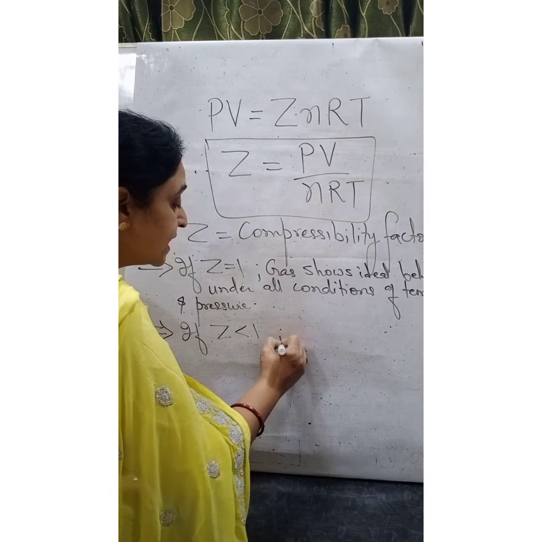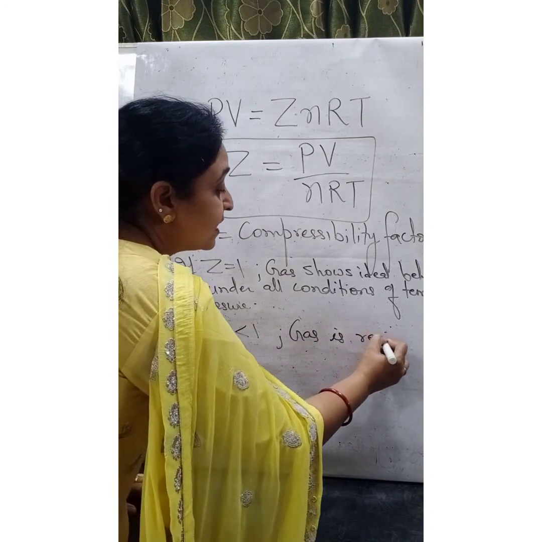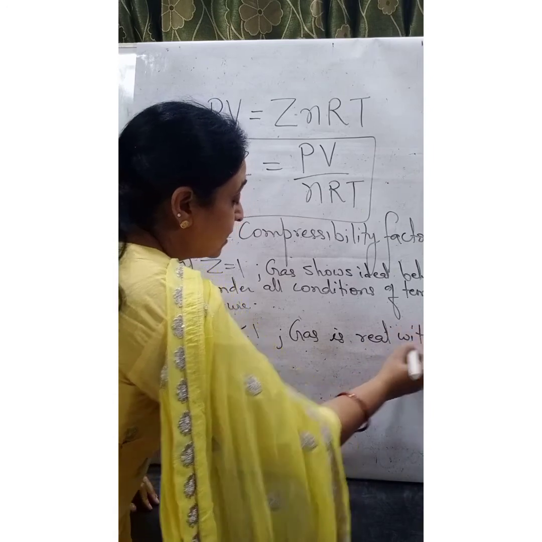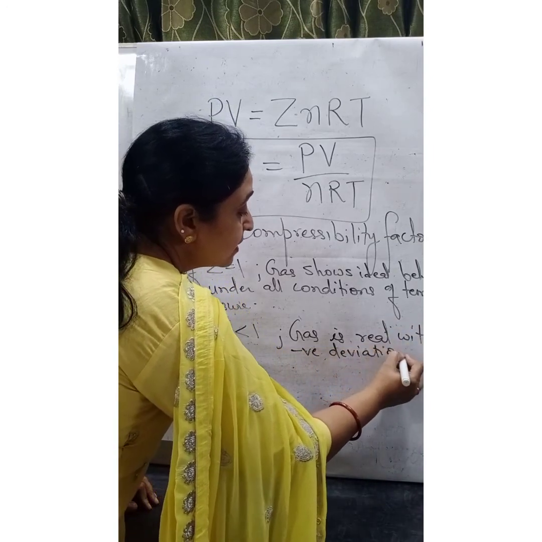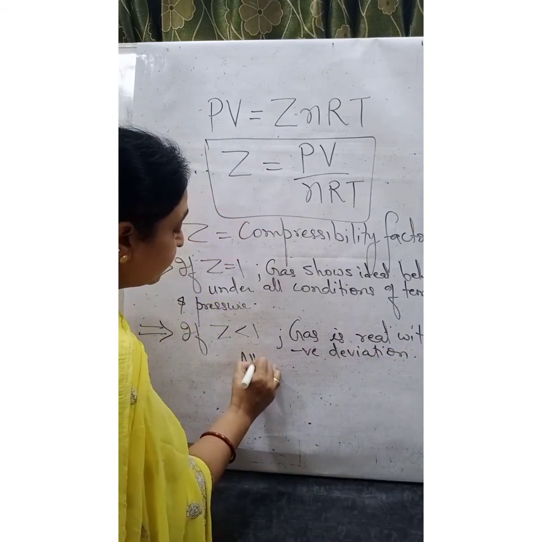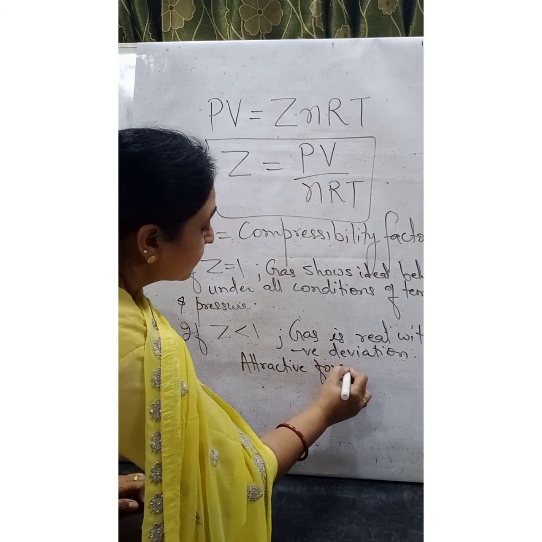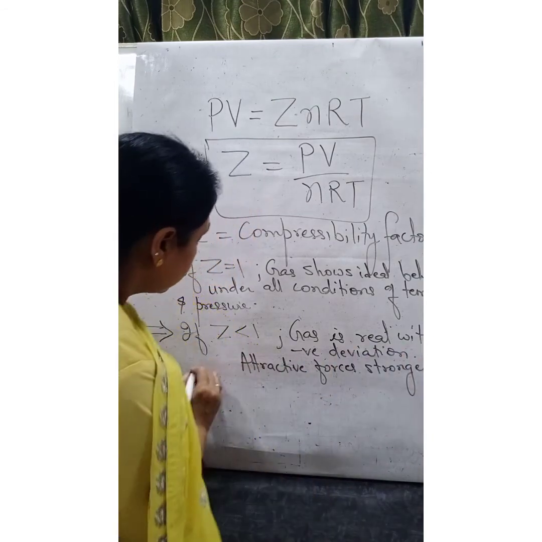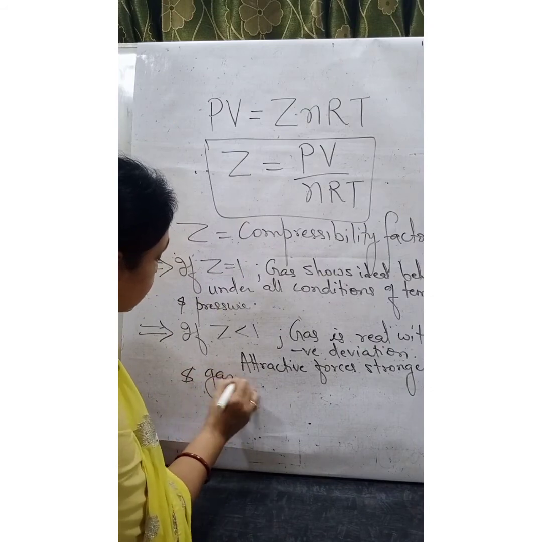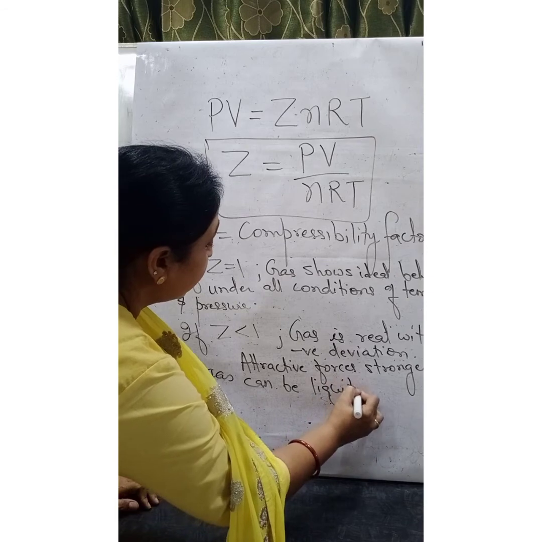So basically, Z less than 1, gas is real with negative deviation. Attractive forces are stronger and gas can be liquefied easily.